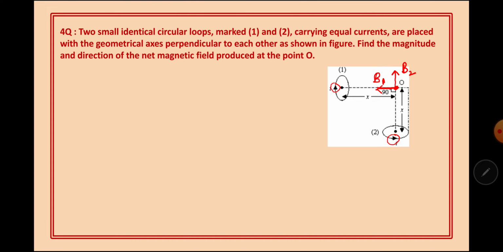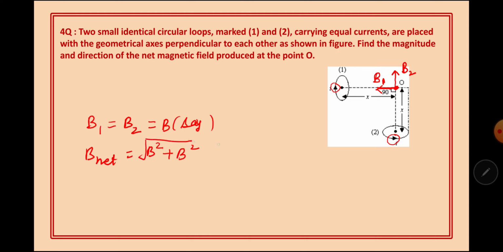And when these two fields are equal, that means B1 equals B2, and I assume this to be B. When I substitute for the net field, the square root of a square plus b square, this will turn out to be root 2 times B. So all that I need to do now is to find the value of B. What is the value of B?